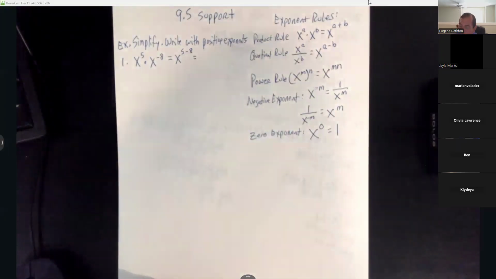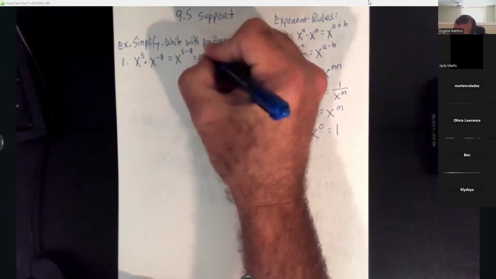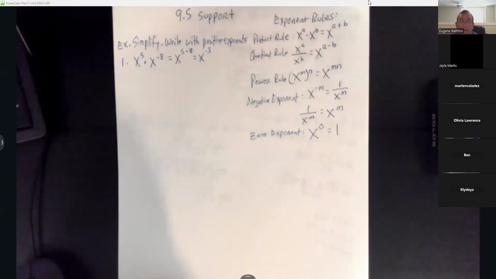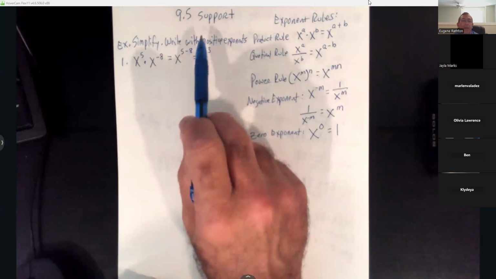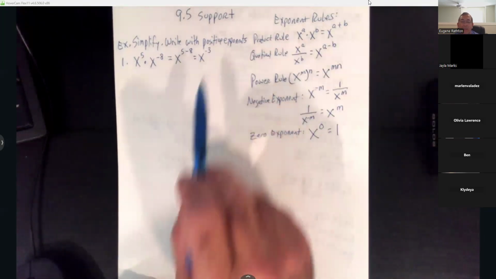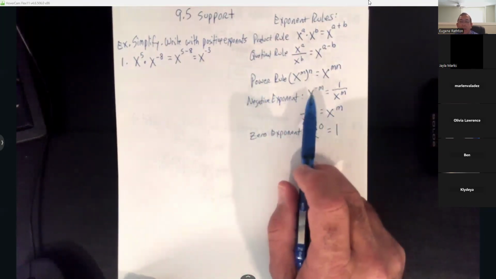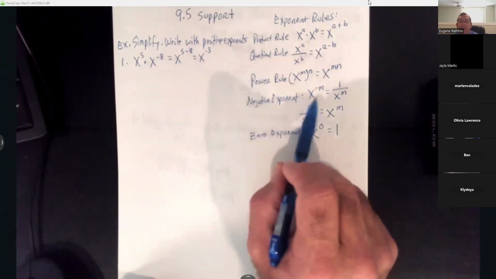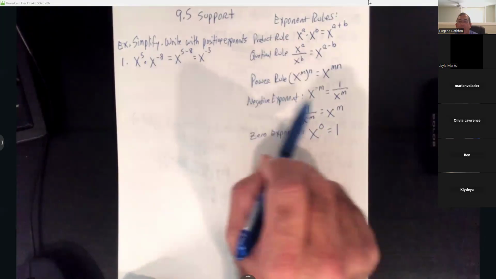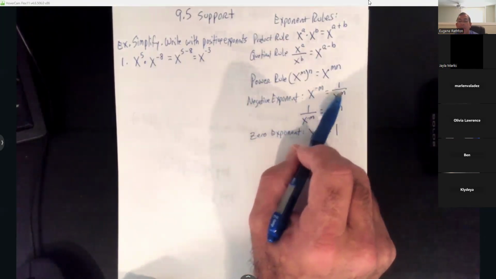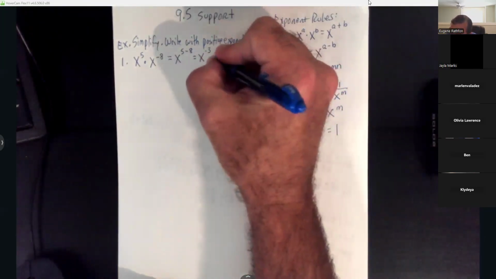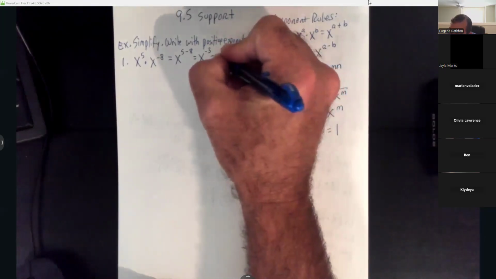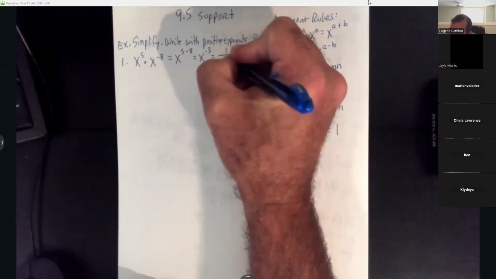Well, y'all, 5 and negative 8 is going to give me a negative 3. But y'all, they told me to write with positive exponents. So here, x to the negative m is similar to my x to the negative 3. So to make that exponent positive, I'm going to bring everything down under a 1. And I get 1 over x to the 3rd.